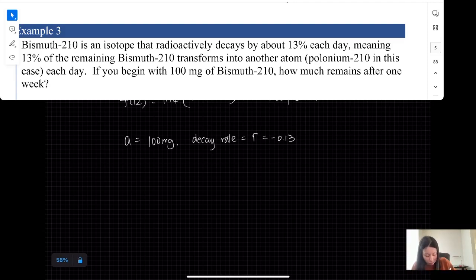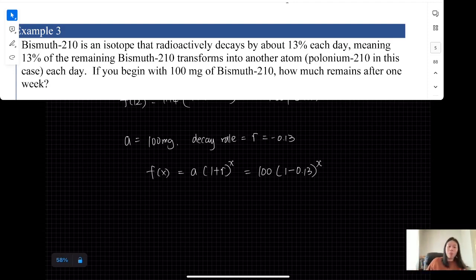All right, so now we have the function f(x) = a times (1 + r)^x, and a is equal to 100 milligrams. And for the 1 + r, remember, this is a decay, so that's why we subtract the rate.